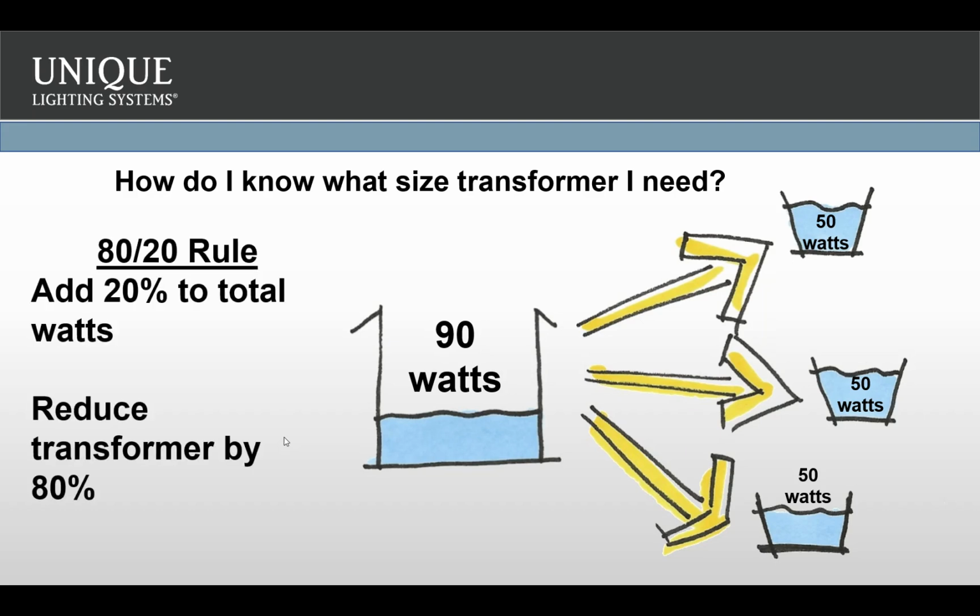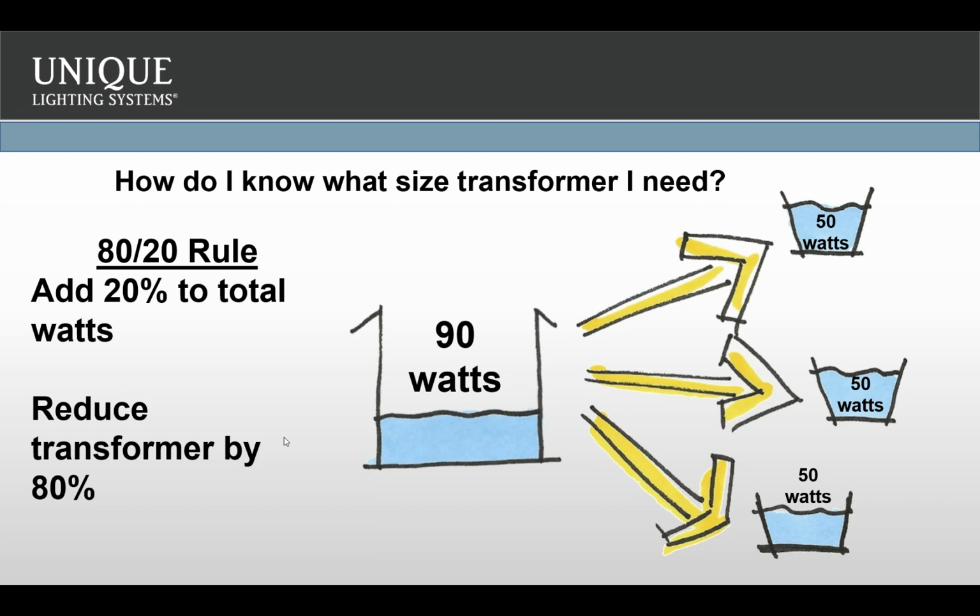Rather than sitting at the counter trying to figure out how to take my 300 watt transformer, reduce it down, and work out how many fixtures I have, the easiest way to do it is what I call the 80-20 rule. If you're buying or designing a bunch of fixtures, add up all the watts, so 50, 100, 150, and just add 20% to that total.